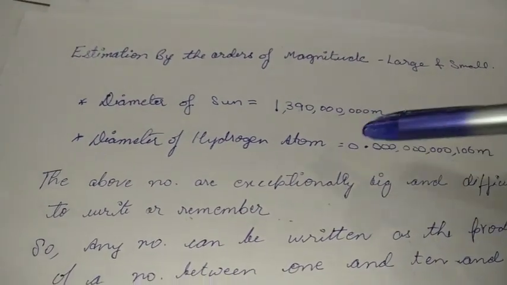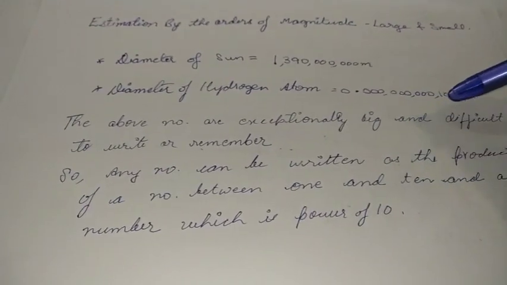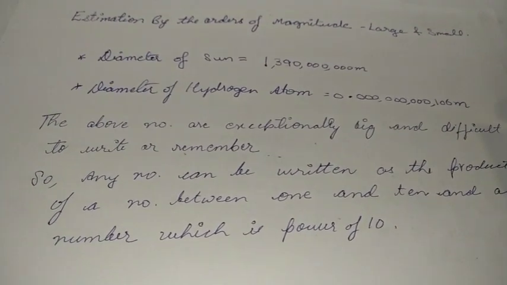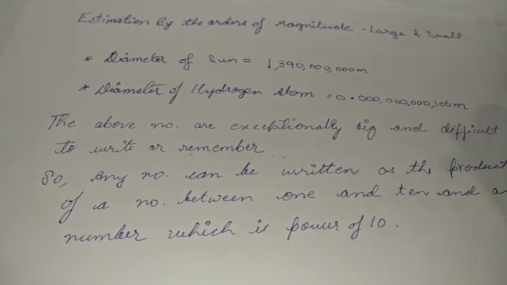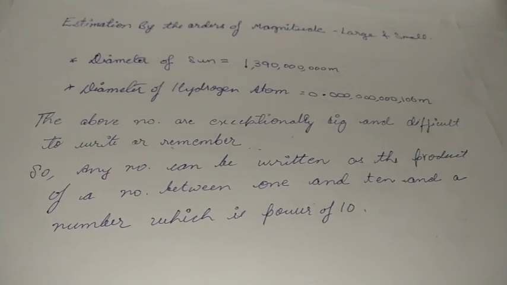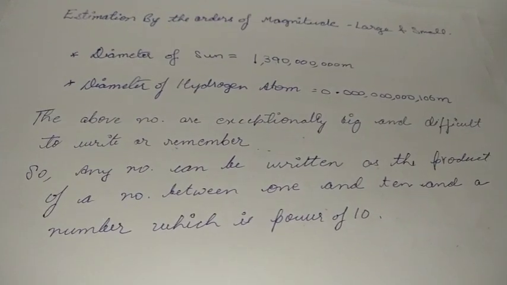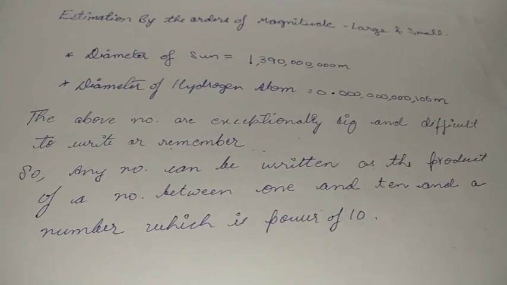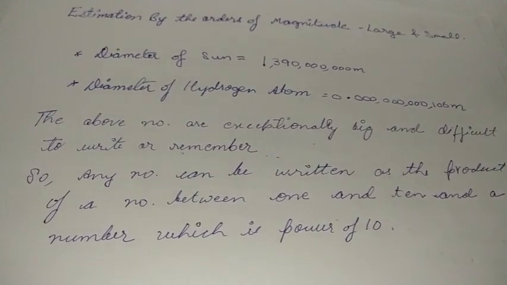The numbers above are exceptionally big, and it is difficult to write or remember them. So to ease this, we will use a form in which a number between 1 and 10 is multiplied by a power of 10.